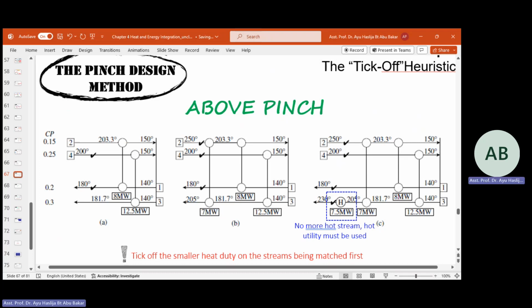CP hot must be smaller or larger than CPC above pinch? Hot must be smaller.